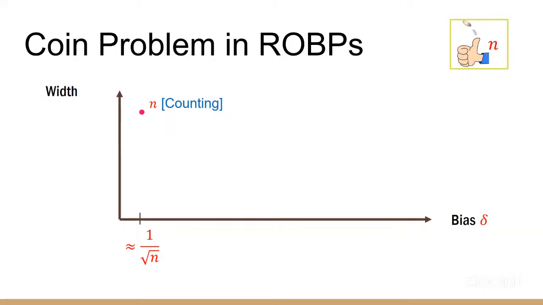But if delta is greater than or equal to 1 by square root n, then there's an upper bound. These dots now represent an upper bound: there is a width n branching program that solves the coin problem.